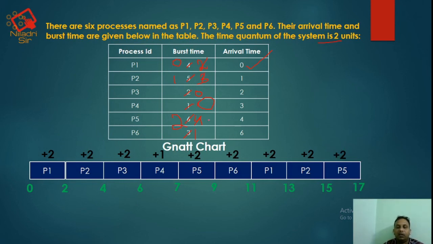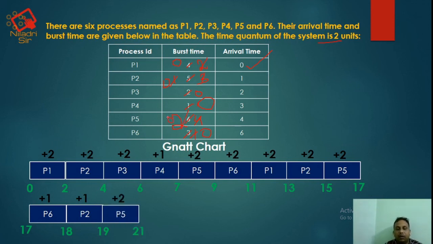P6 will execute for the remaining 1 microsecond. Okay. This will be 0. Okay. So again repeat to the P1. P1 has been completed. Next come to the P2. P2 will execute for 1 microsecond. Okay. After that P5 will execute. Okay. So this is the complete Gantt chart of this problem.